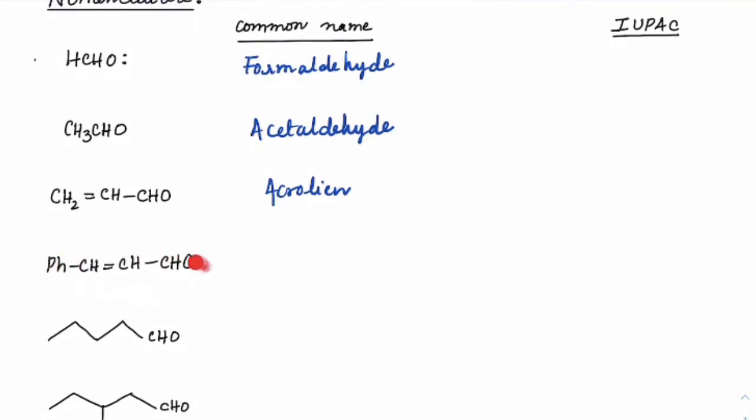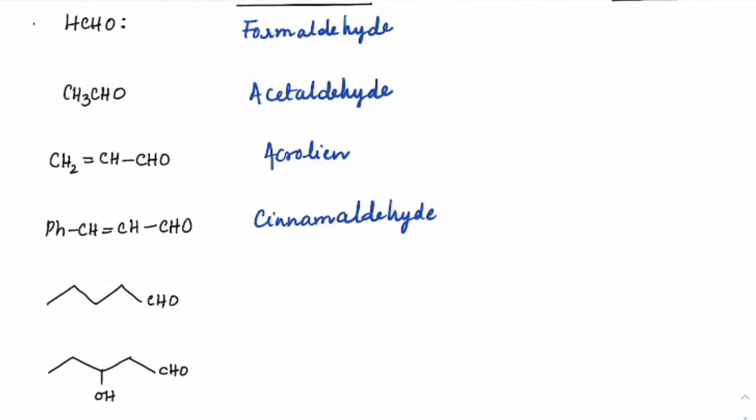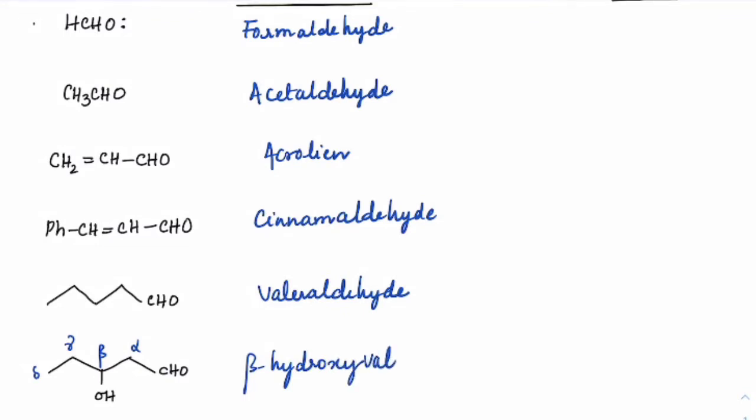If the same thing is there with phenyl at the beta position, this is called cinnamaldehyde. Next one, if you have 1, 2, 3, 4, 5, so 5 carbons here, we call it valeraldehyde. Now, suppose you get any particular group at a different position, we always start with alpha, beta, gamma, delta during the common naming, and this would become beta hydroxy valeraldehyde.